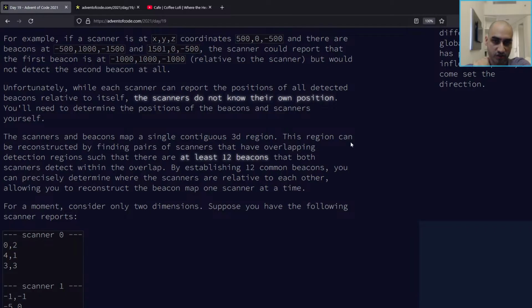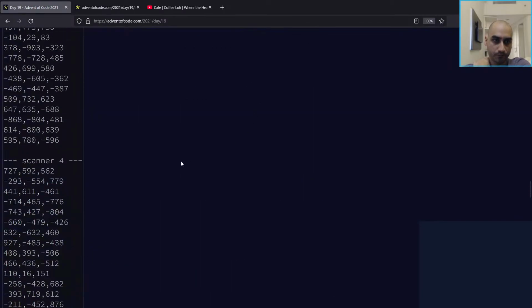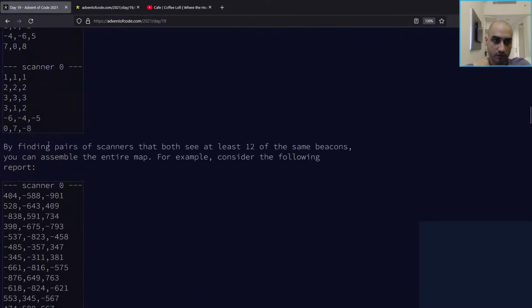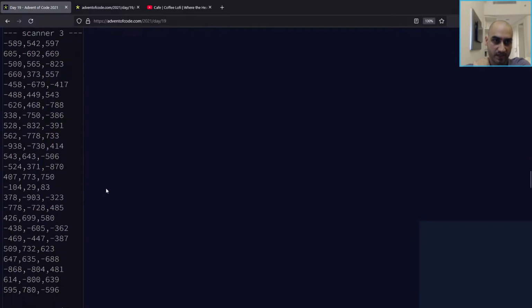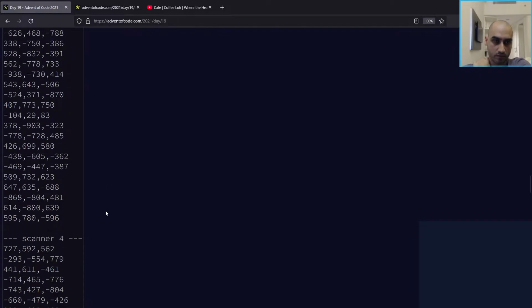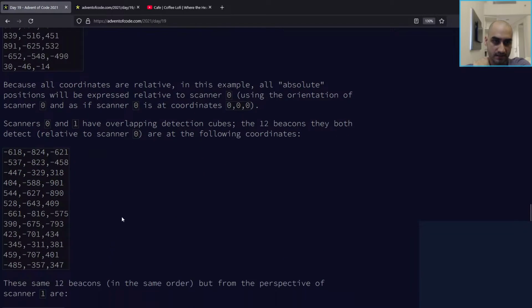Is that enough information for everything to fall out? Maybe. So if we know there's these 4 scanners, and we know some pair of them has 12 in common, is that all the information they use to get to this conclusion, that 0 and 1 have 12 in common? Maybe.